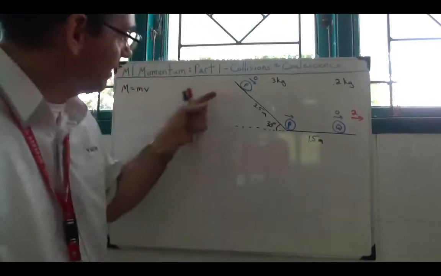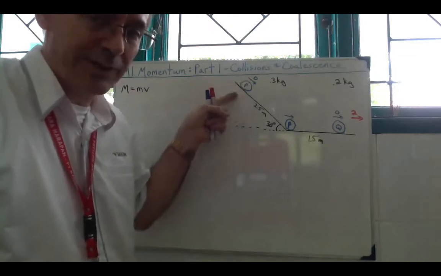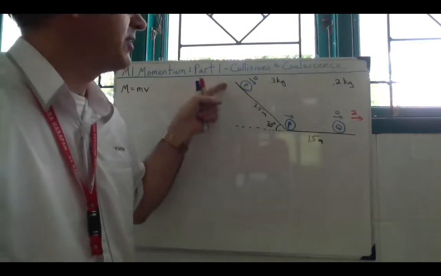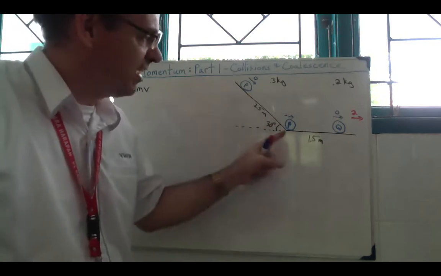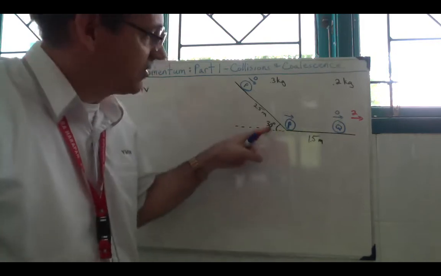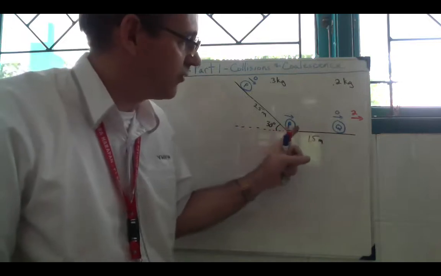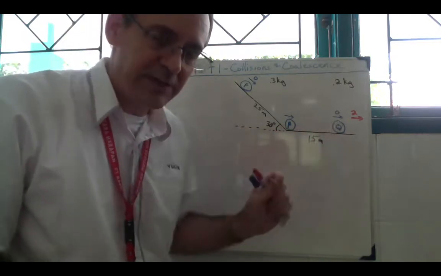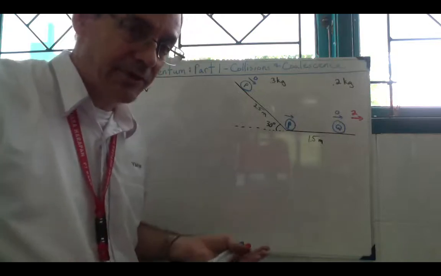I've drawn particle P is released from rest and slides down the smooth plane. So what we want to do is calculate the velocity when it gets to the bottom. It's then going to continue at the same velocity over this smooth horizontal surface because there's no friction, no resistance.